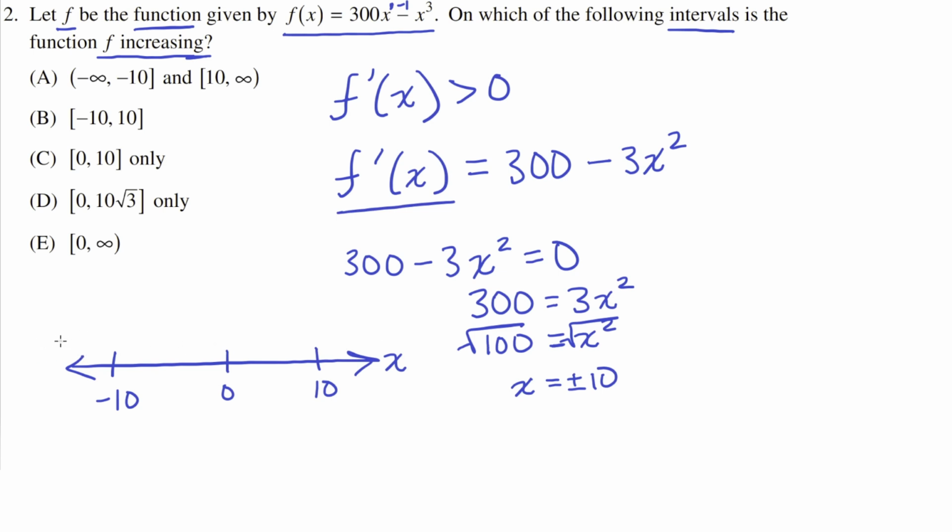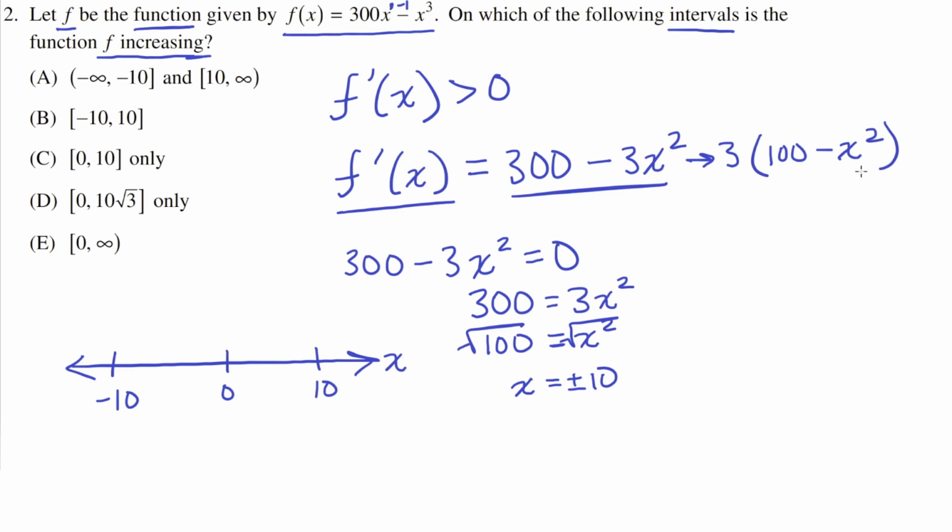So let's start at the left of negative 10, from negative infinity to negative 10. Let's plug in something like negative 11. Let's actually factor out, so we have 3 times 100 minus x squared. I just factored out a 3 from the first derivative here, just to make our calculations a bit easier.